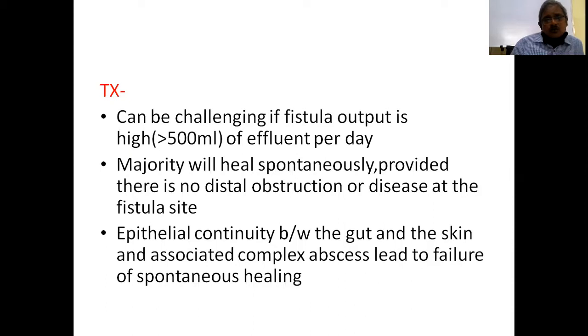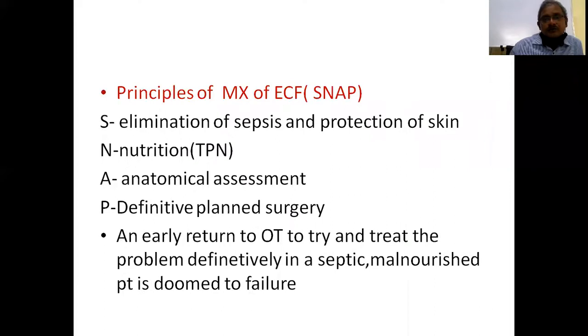Another problem is epithelial continuity between the GIT and the skin. If there is continuation of the epithelial tract, especially if associated with an abscess, it leads to failure of spontaneous healing. They are unlikely to heal spontaneously, and we have to intervene somehow.